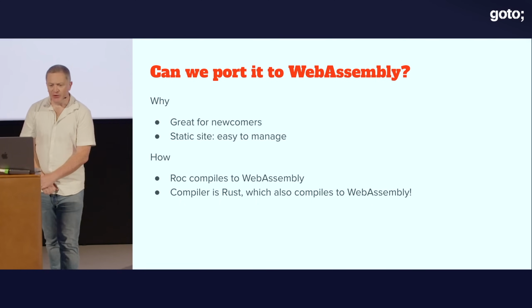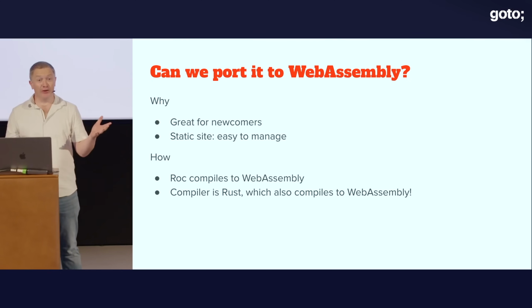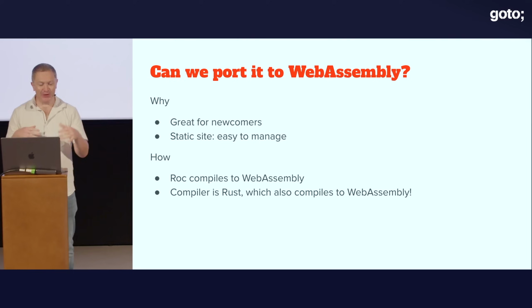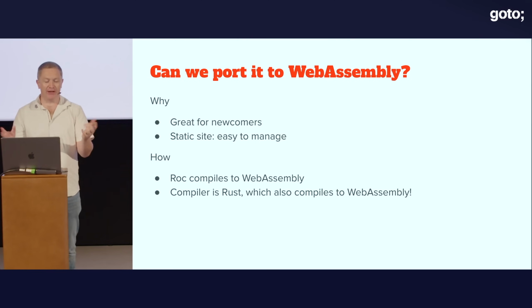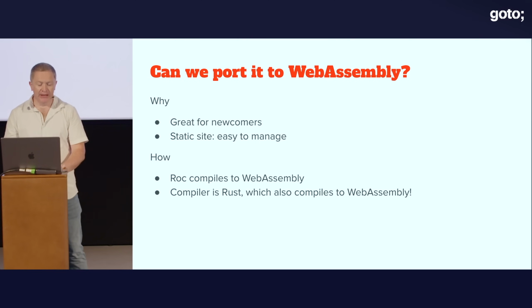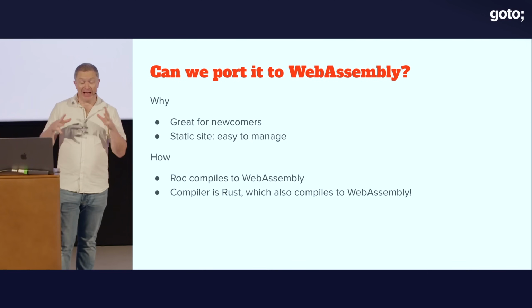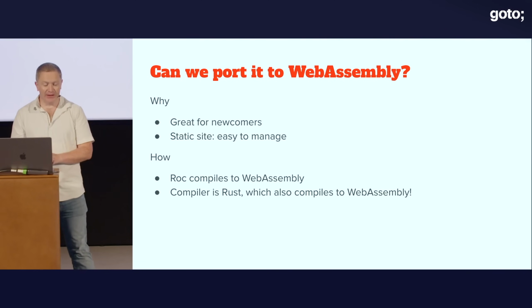Now, why would we want to do that? Well, one of the reasons is it's really good for newcomers. Somebody who's coming to check out our new language, this is a really good way to do it, right? You don't have to install anything, and it's right there, and you can start playing around with it. Another advantage for us is, as we'll see later, WebAssembly allowed us to make a static site out of this, with no backend.